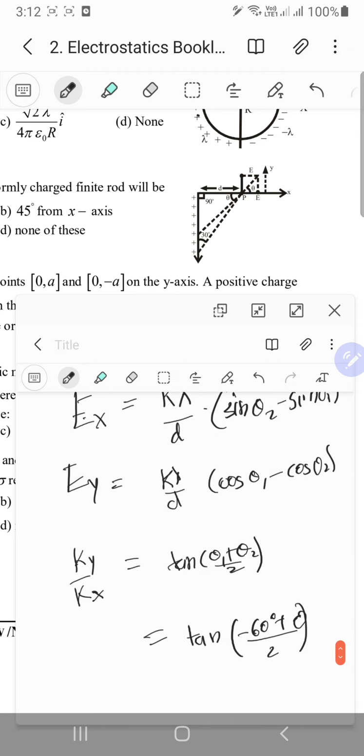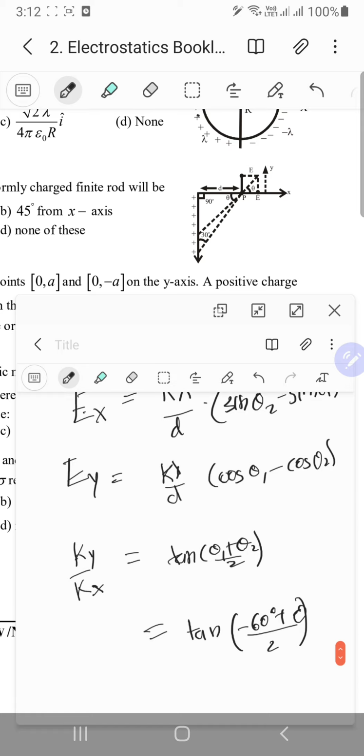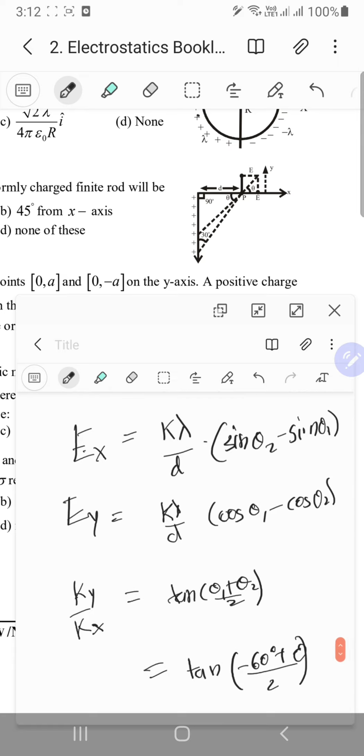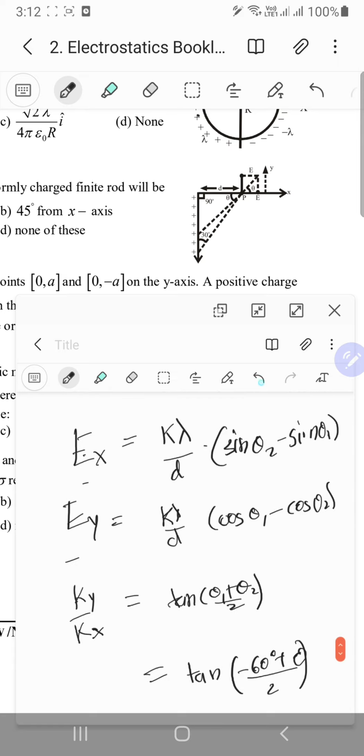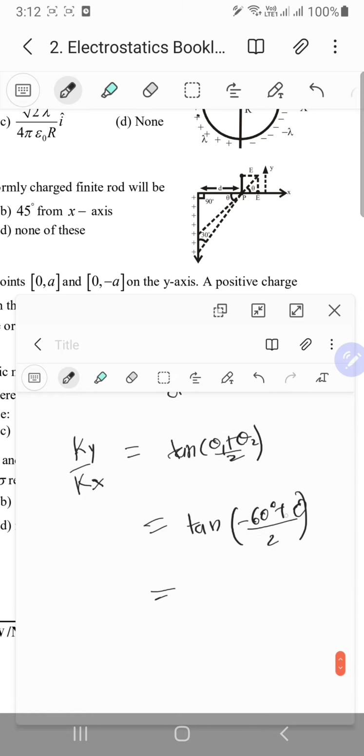I mean, it's kind of weird, but in the end this is just the magnitude stuff, so it's not really related with the sign convention. So I'm just going to say it's tan 60 degrees upon 2 because that's what matters. So it's just going to be tan 30 degrees.